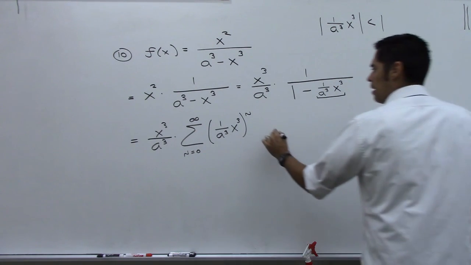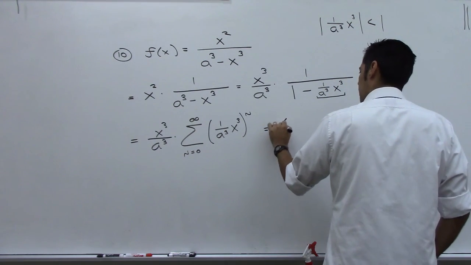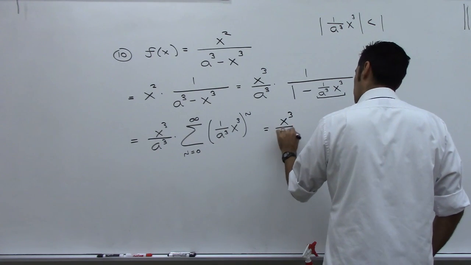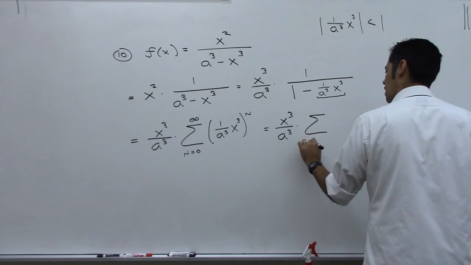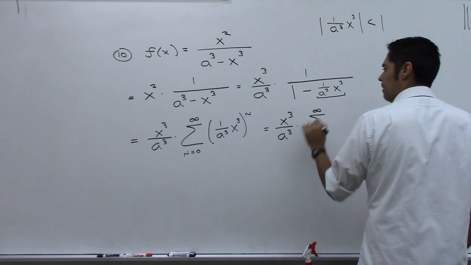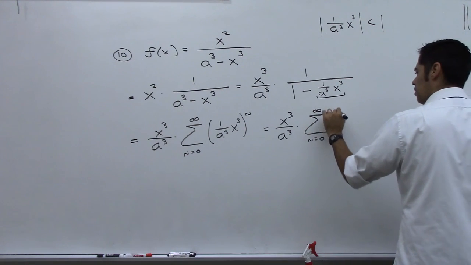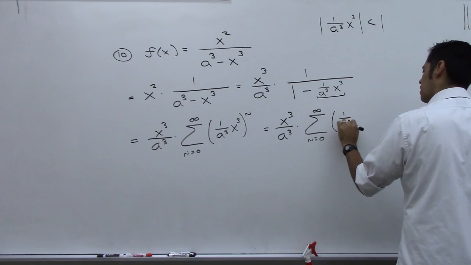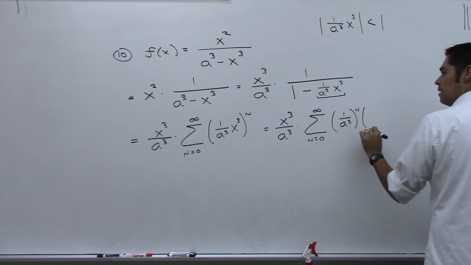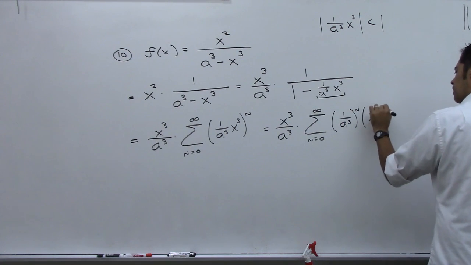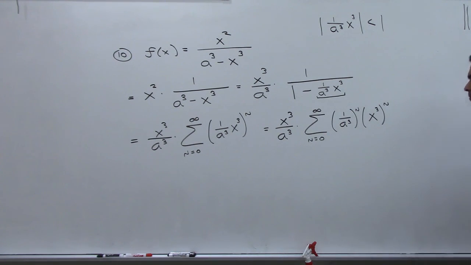And then I'll clean that up. I'm going to have x cubed over a cubed times the sum from n equals 0 to infinity. And then over here I'll split that into two: 1 over a cubed to the n, and then x cubed to the n.